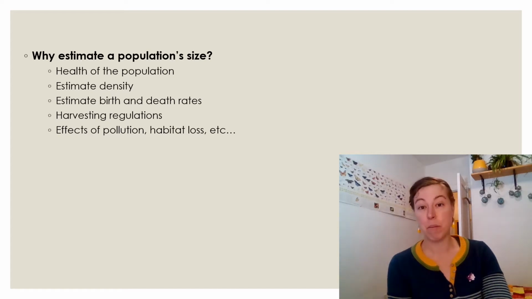And as an environmental scientist, we really can't tell if these environmental issues are affecting these species unless we're monitoring them. How do we know if this new pollutant is affecting the population levels of the fish in a pond if we didn't already know the population levels of the fish in the pond before the pollutant was added? So by estimating our population regularly, we have a baseline that we can then compare to.